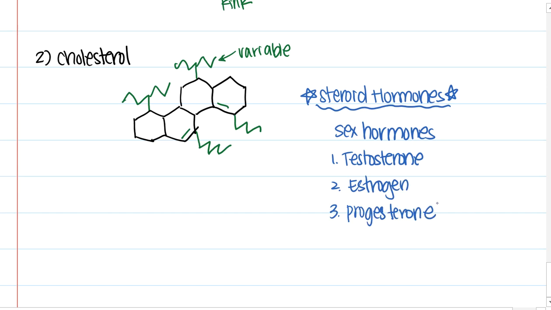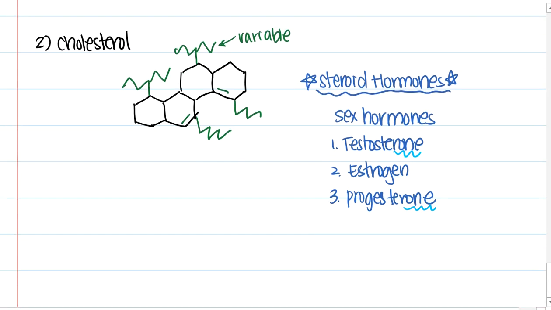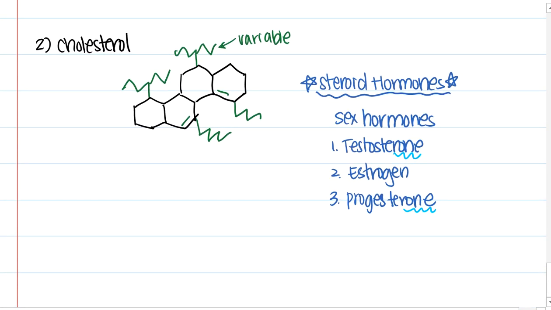What I want you to remember is that anything that ends in "-one" is going to be a steroid-derived molecule, or a cholesterol-derived molecule. This is going to save you later on when you see a molecule that you've never seen in your life and you're like, what the heck is this? Suffixes and prefixes are definitely going to be saving your lives. So just understand, anything that ends in "-one" is cholesterol-derived, and cholesterol is a fat. Good? Good.